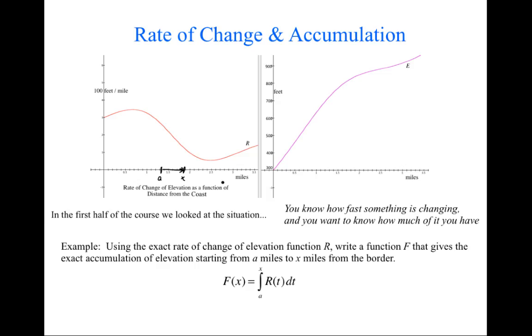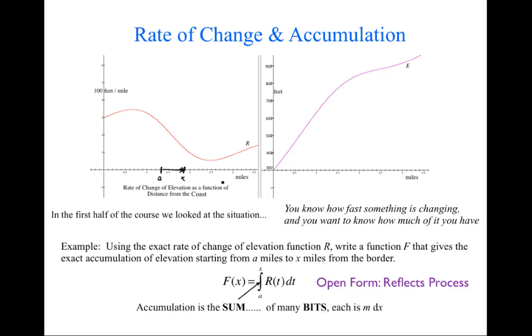And how does this thing work? When we see integral, it should remind us of the long, complicated equation that we worked on. Because it's still a sum, right? We're summing up. The Greek, German S is a sum of what? Many bits.